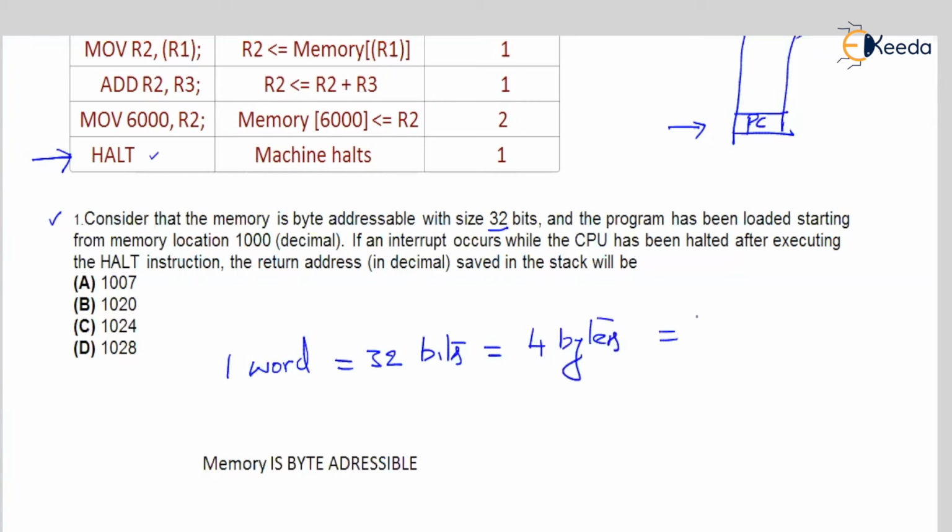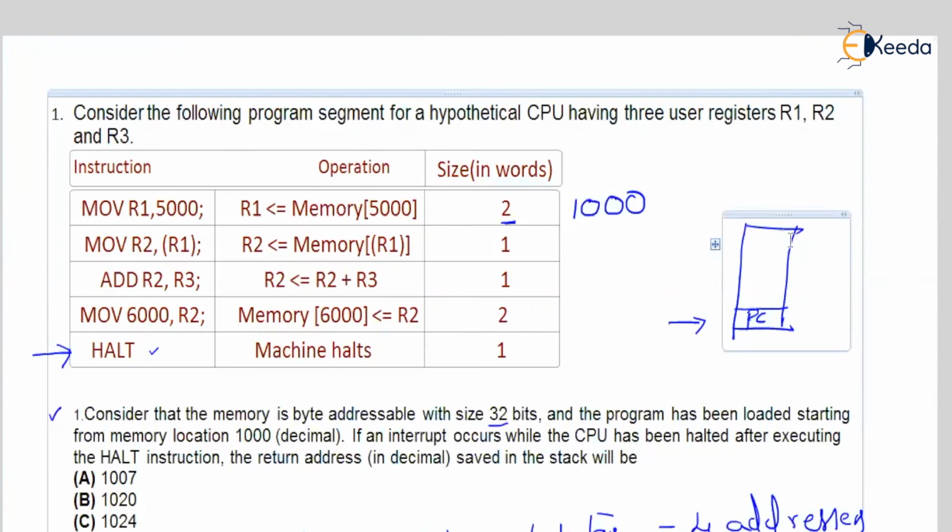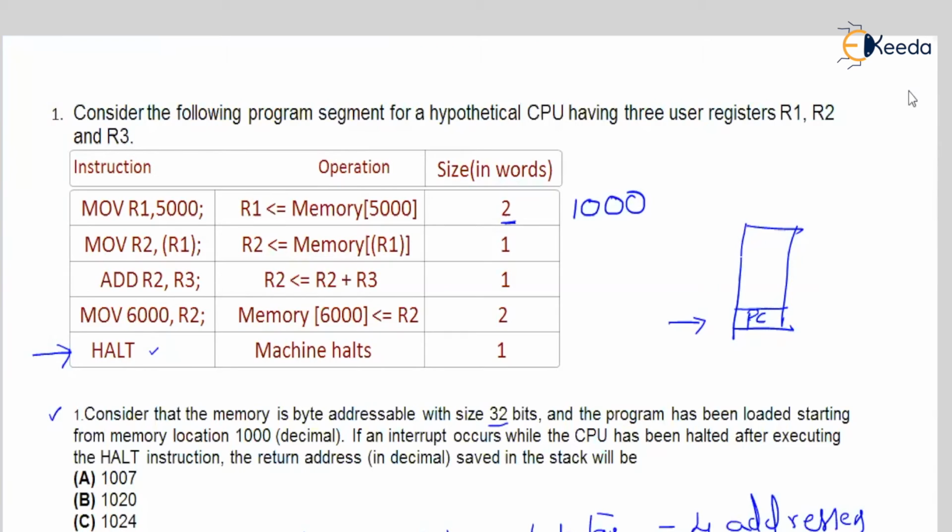So one word is equal to 4 addresses, since each byte will be given an address in the main memory. So one word will take 4 addresses. So the first instruction is taking 2 words. So the total number of addresses consumed by this first instruction is 1000 to 1007, 8 addresses.